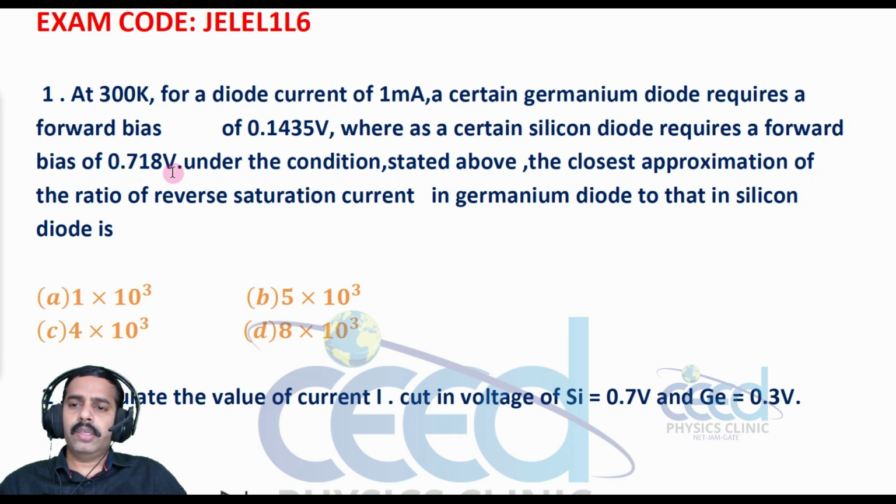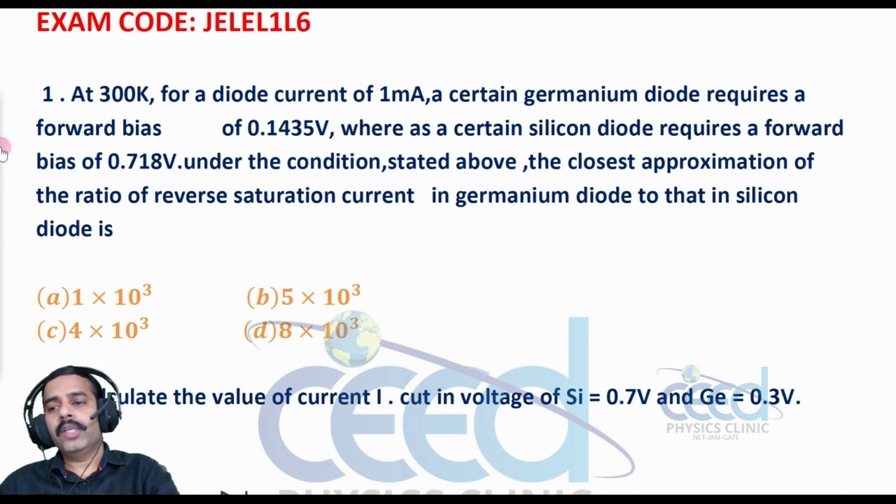That means to maintain this forward current of 1 milliampere at 300 Kelvin, the temperature is the same in both cases, but the voltage is different for silicon and germanium. What will be the ratio of reverse saturation current in the germanium diode to that of the silicon diode?